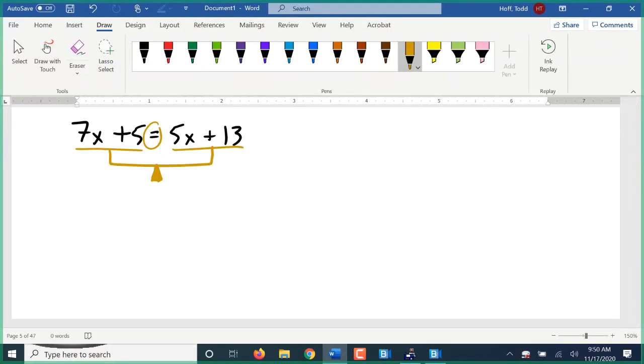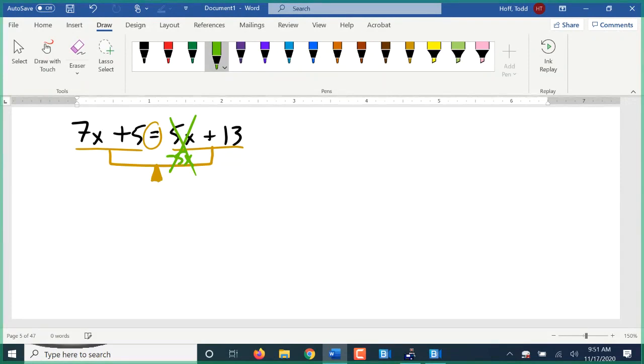So when the variables appear on opposite sides, we have to get rid of one of them. What we're going to do is we're going to find the smaller one, in this case the 5x, and do its opposite. It's a positive 5x, so to get rid of it, we subtract 5x. That will remove it.